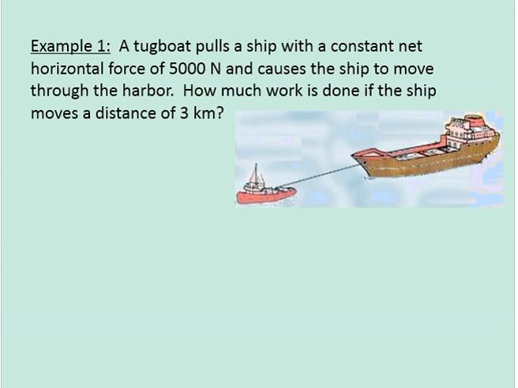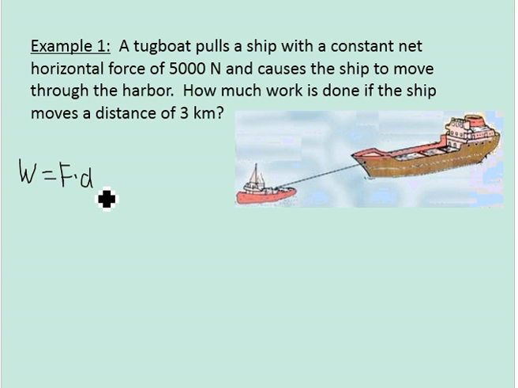So in order to figure out the amount of work, we would do work is equal to our force times our displacement. Now we have to think about whether or not the force and displacement are parallel or in the same direction, so we know whether or not we have to have a cosine of an angle term in there. And if we look at it, all the motion and the force are on the water.